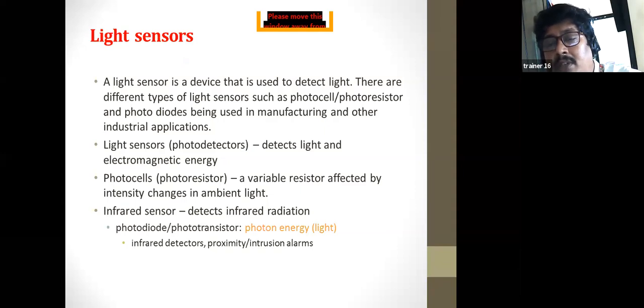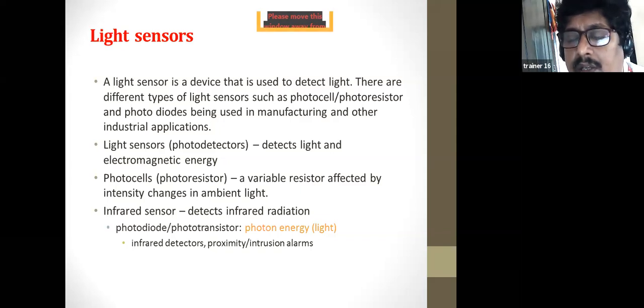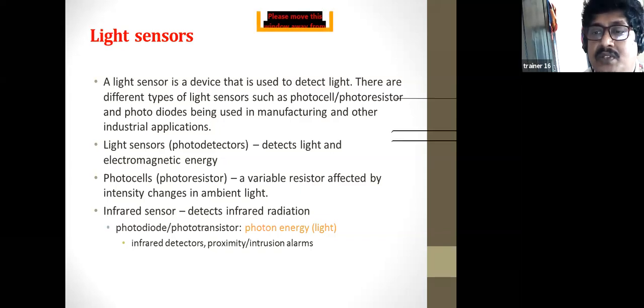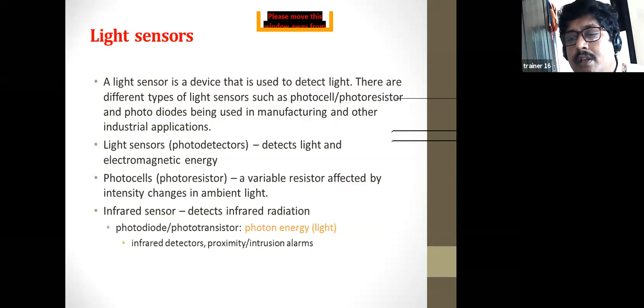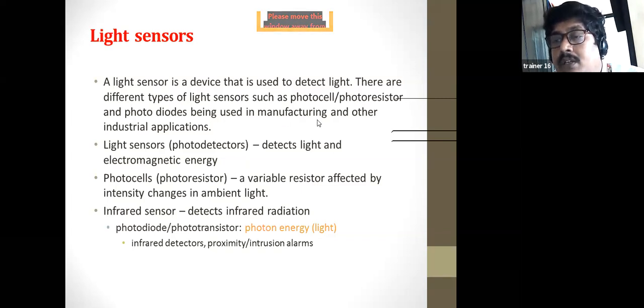Then the person enters the product name and the price. So by the falling of light on that barcode, it automatically senses. These are also light sensors, when the radiations are incident. A light sensor is a device used to detect light, such as a photocell, phototube, photoresistor, or photodiode.